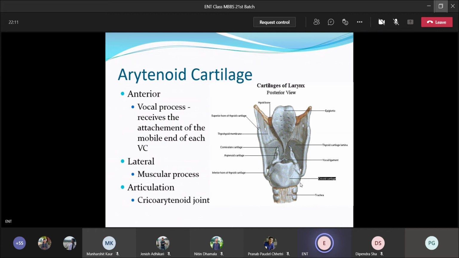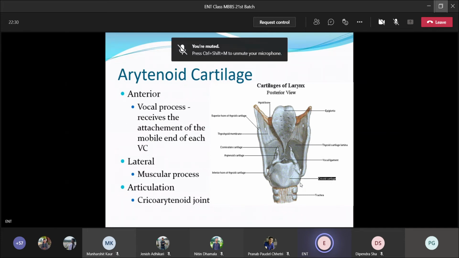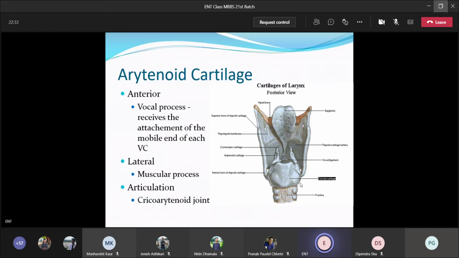And the superior horn of the thyroid cartilage, thyrohyoid membrane, corniculate cartilage, arytenoid cartilage, and inferior horn of the thyroid cartilage are shown in the diagram. Anteriorly is the vocal process, which receives the attachment of the mobile end of each vocal cord. And laterally, the muscular process articulates at the cricoarytenoid joint. This is the arytenoid cartilage.